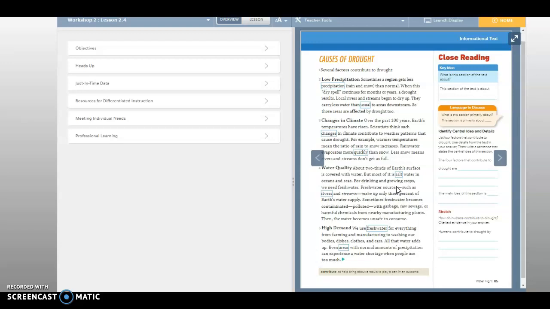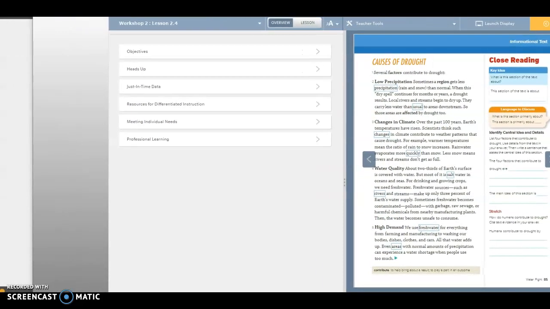What are the 4 factors that contribute to drought? Low precipitation. And then high demand, right? Okay, you need to write those down right there. Go ahead and write those.